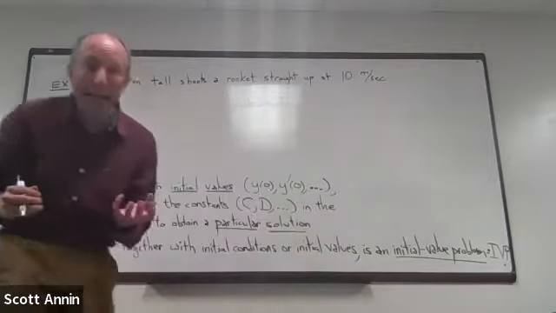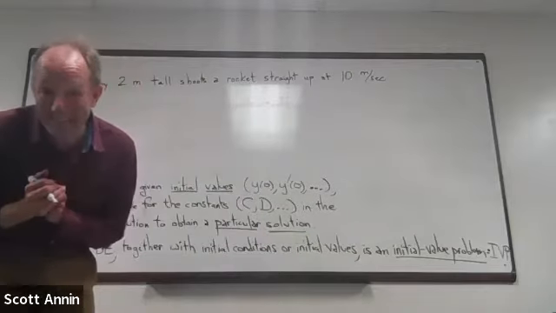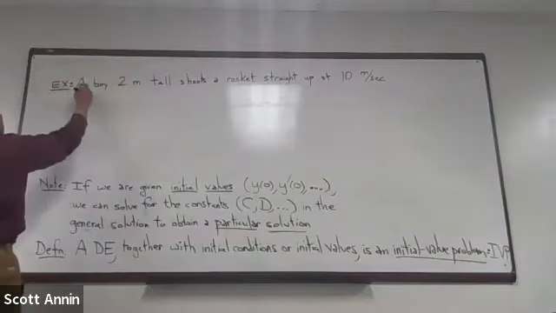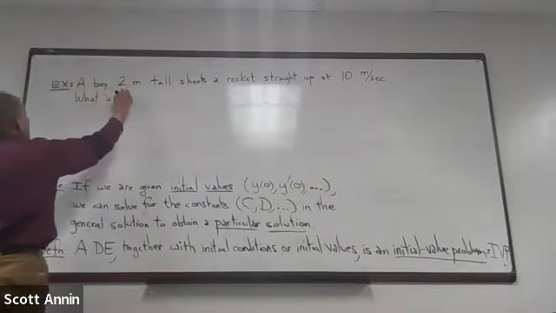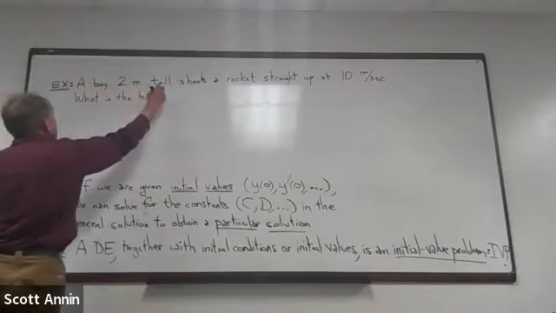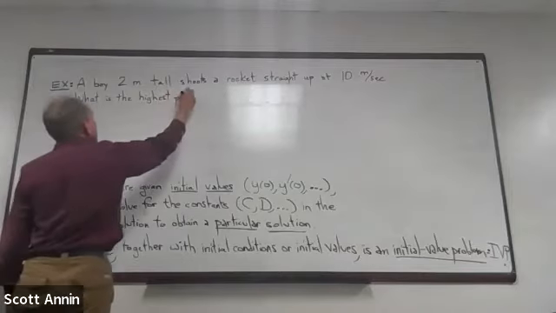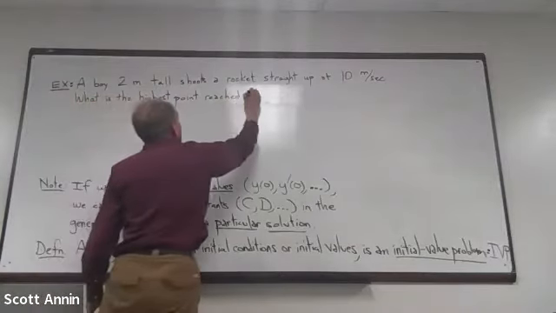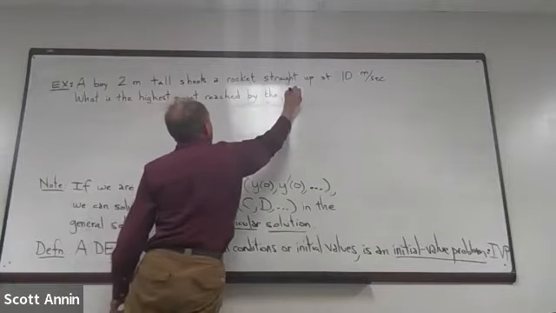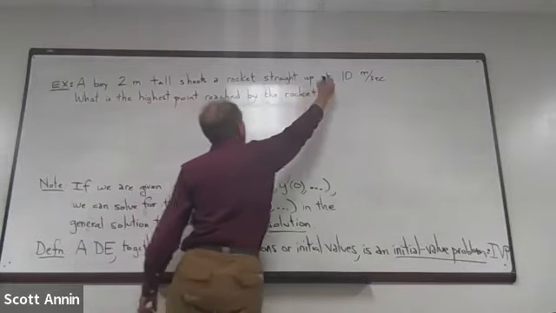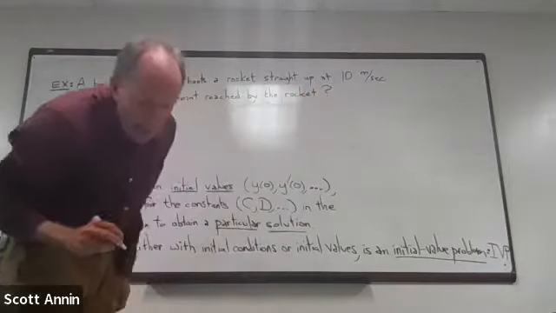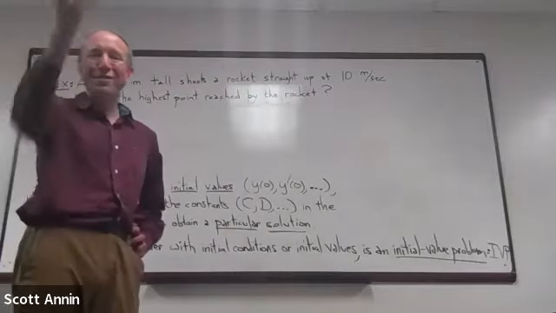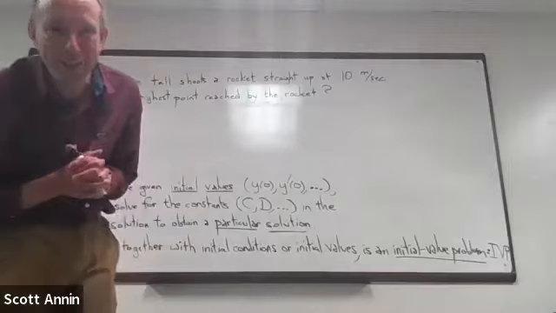So that's actually an initial velocity, right? An initial velocity. So the question is, what is the highest point reached by the rocket? What is the highest point? How high does it actually go before it starts falling back towards the Earth again?